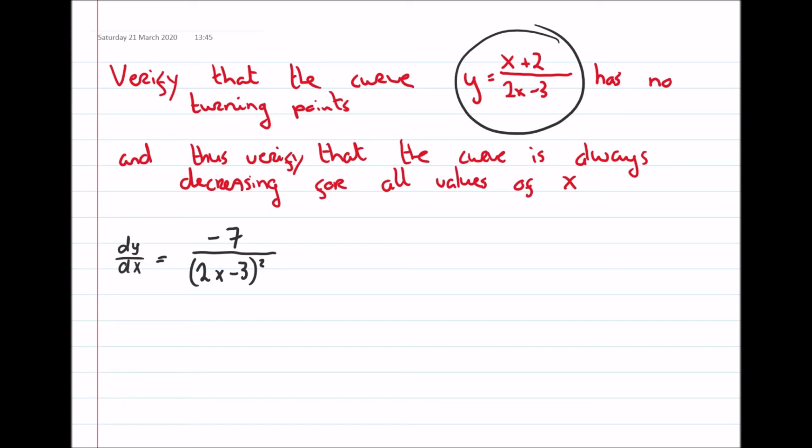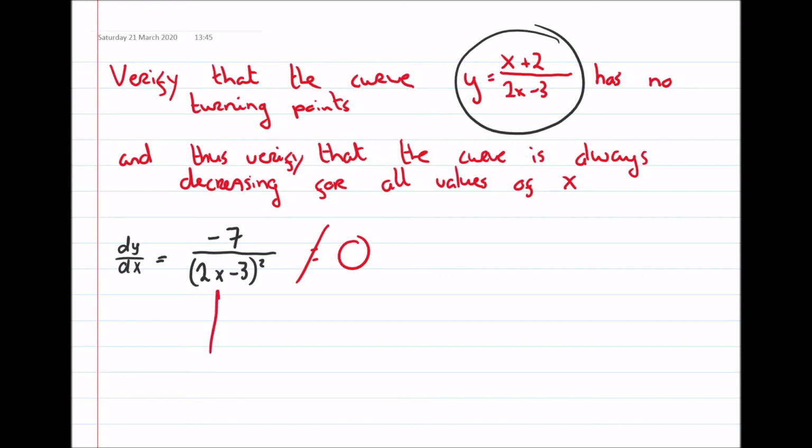Now remember, to get a turning point, we differentiate, we let it equal 0, and we solve to find out what x is. However, in something like this function, there's no number that goes in there for x that will give us 0. Because the only way a fraction can give you 0 is if the numerator is 0.